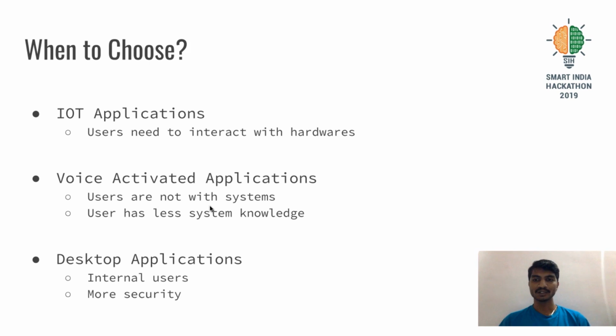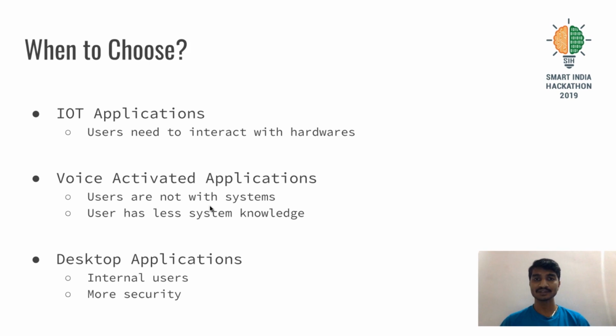Now another booming kind of application is voice activated applications. Voice activated applications are useful when the users are not with the systems and don't want to interact directly with a mobile, laptop, or desktop, and they are doing some other work but want to interact with the application.